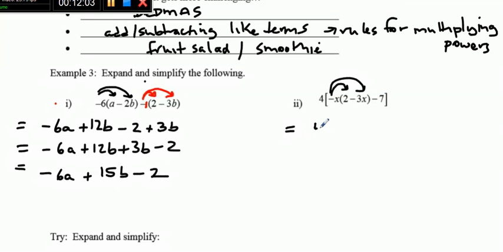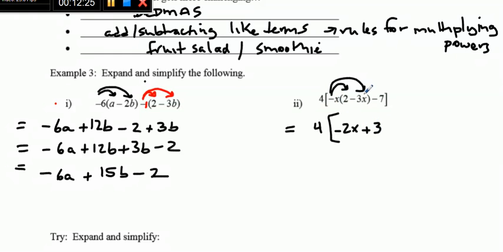So the way you do this is you just leave the 4 like that, and now I'm going to do my minus x times 2, so that's minus 2x. I'm going to do my minus x times my minus 3x. So let's think about this. Minus 1 times minus 3 is positive 3.